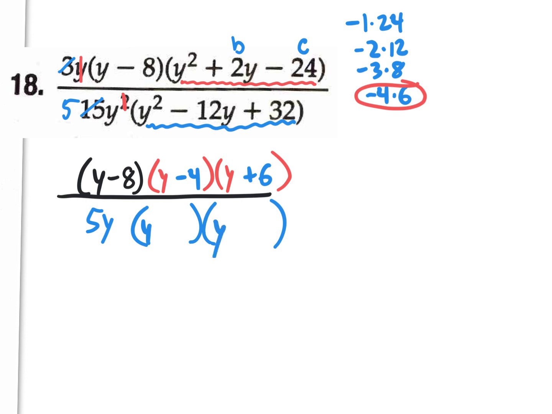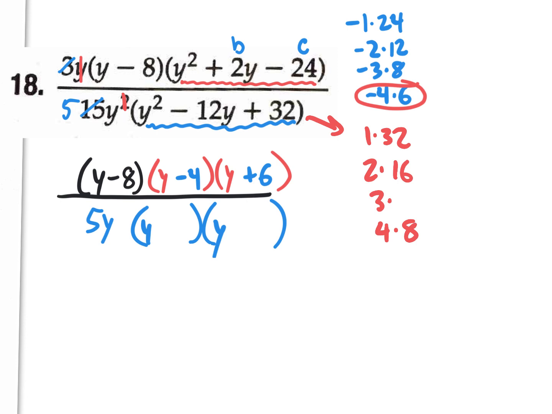Instead of x's, we have y's, but same process. What times what is c that if you add together is b? So again, I'm going to make a list of the multiples of 32. 1 times 32, 2 times 16, 3 doesn't work, 4 times 8, 5 doesn't work, 6 doesn't work, 7 doesn't work.